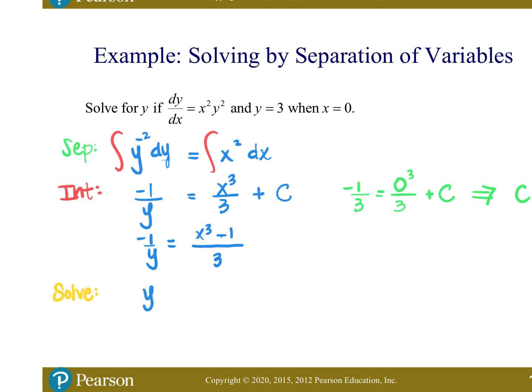So that will be y over negative 1 being equal to 3 over x cubed minus 1, and then I just need to multiply both sides by the negative 1 to solve for the y. So that would lead me to y is negative 3 in the numerator, and then x cubed minus 1 in the denominator. Okay, any questions about that one?